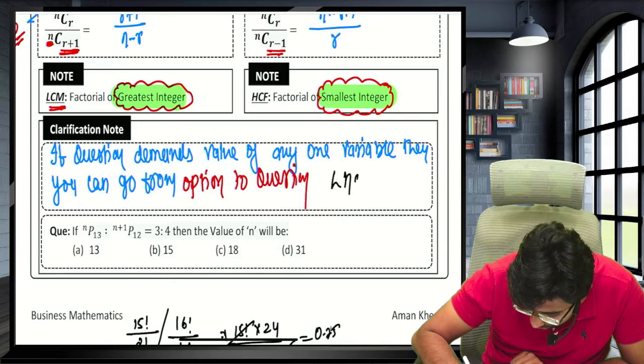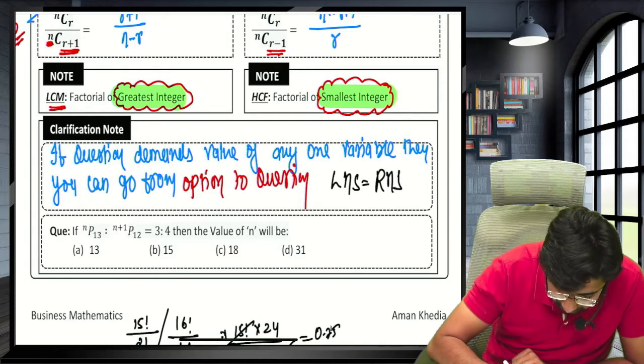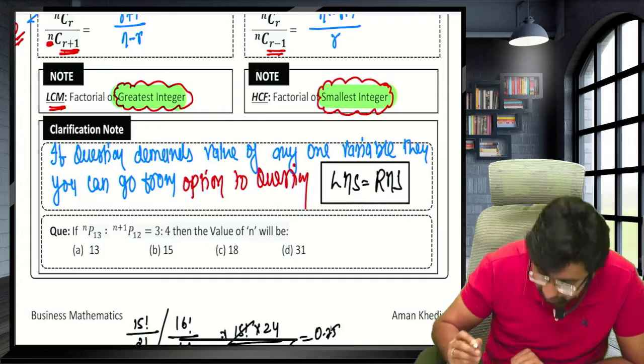That is, LHS equal to RHS will be expected, guys.